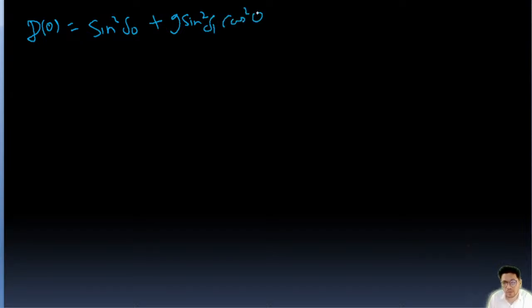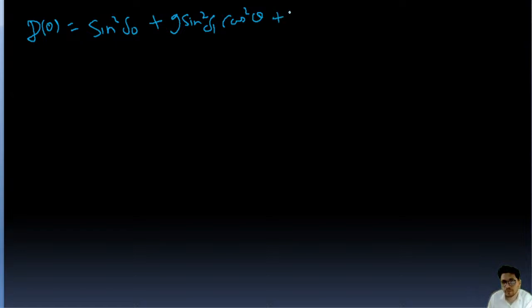So this dσ/dΩ is going to be, if you put the value, sine square delta 0 plus 9 sine square delta 1 cos square theta. Okay, we have put the value.